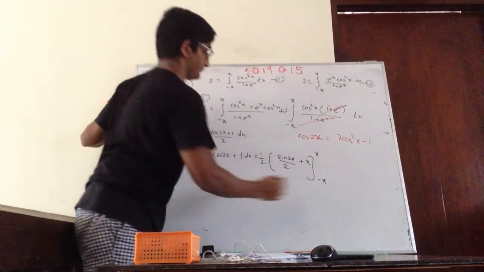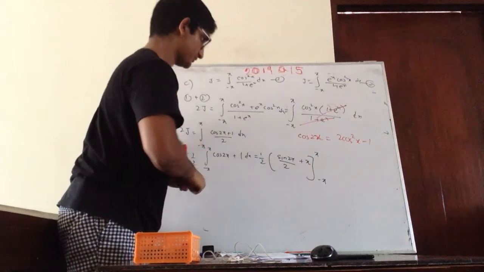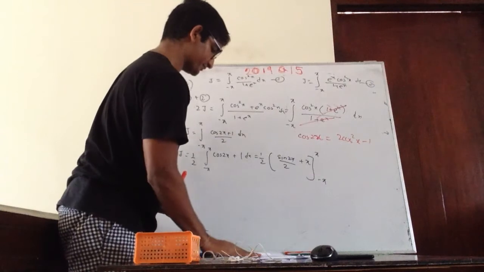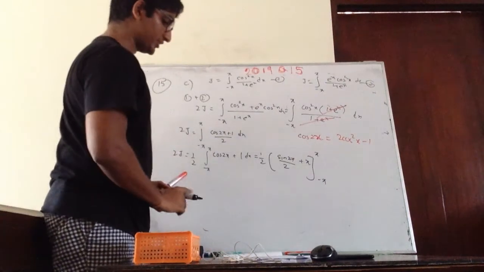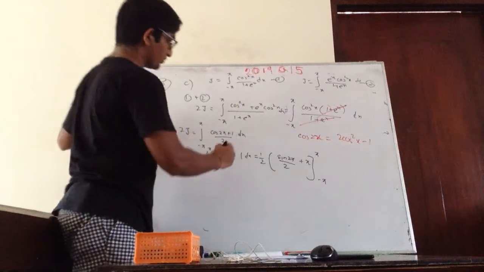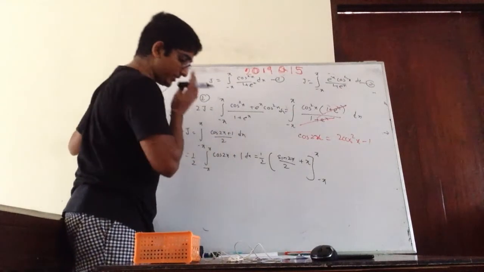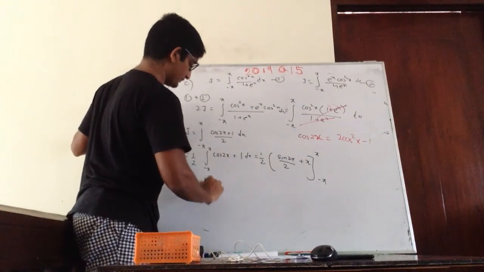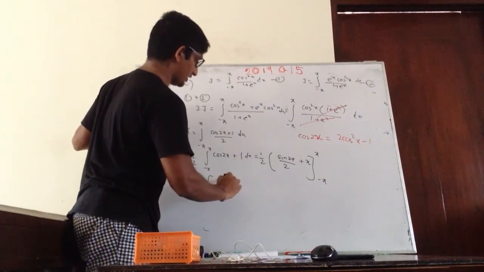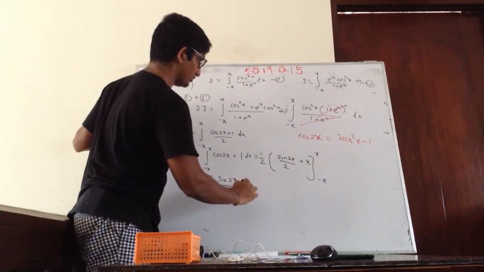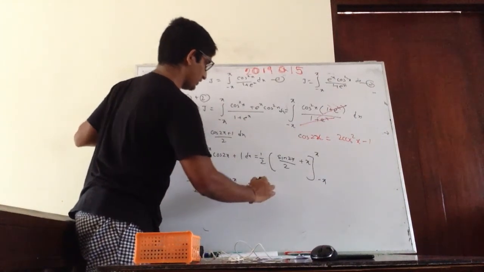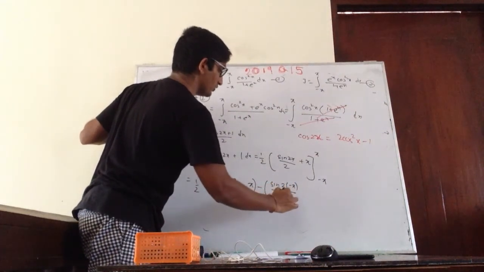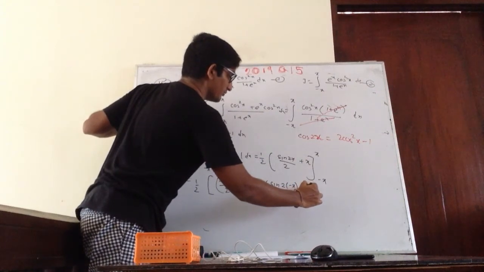From minus 5 to 5. Is that correct? Right, so I'll get this now. So now I just need to put the limits and see. If I put the limits, I'll get half of sin 2π over 2 plus 5 minus sin of minus 2π over 2 minus 5.